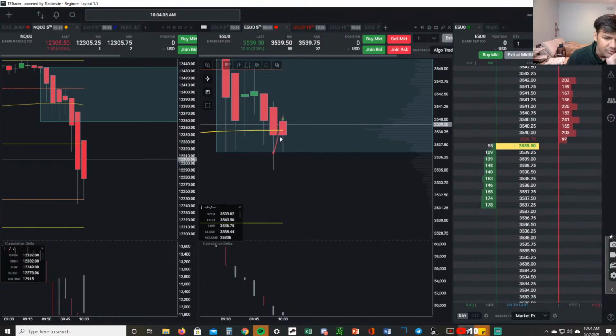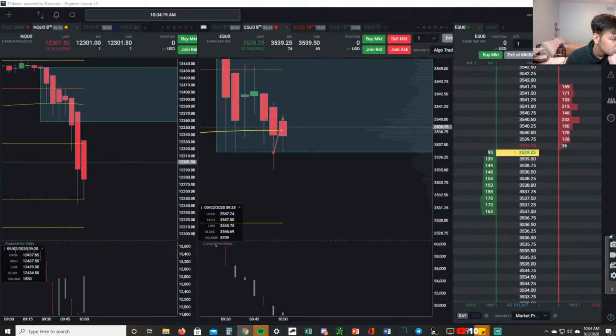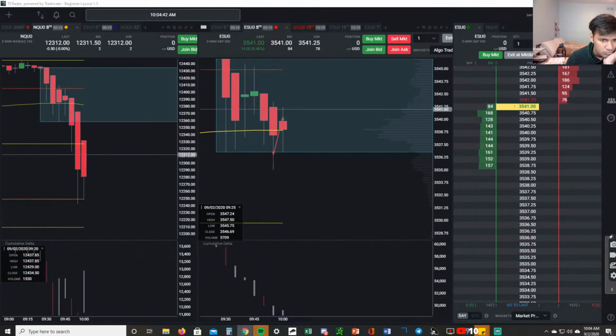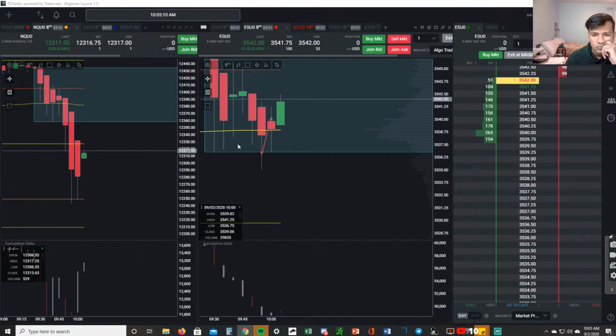And this is why we went with one contract today, because for the past couple of days it's been annoying with that morning breakout. Yeah, we got caught by the same thing the other day as well.